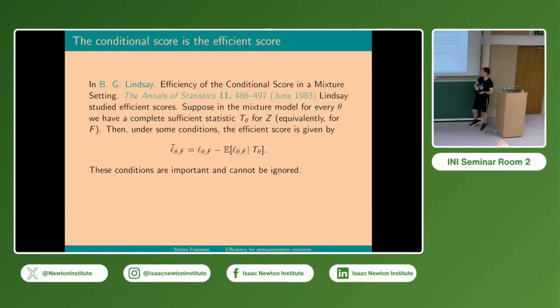Then you take the log likelihood and the derivative with respect to theta, and you take the conditional expectation of that thing conditioned on the sufficient statistic. You can construct a score with this, and you can show that this is actually the efficient score.